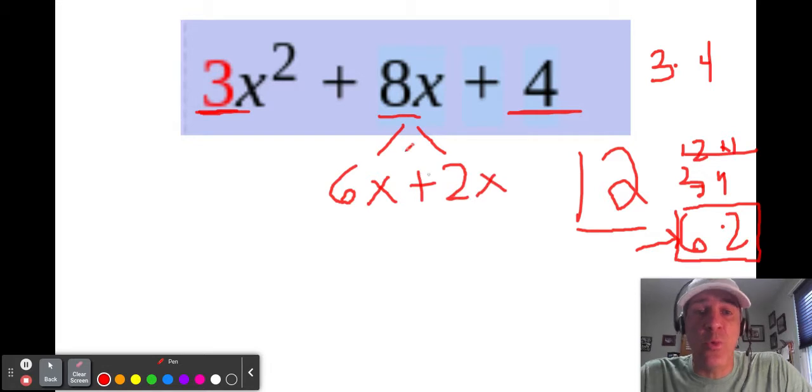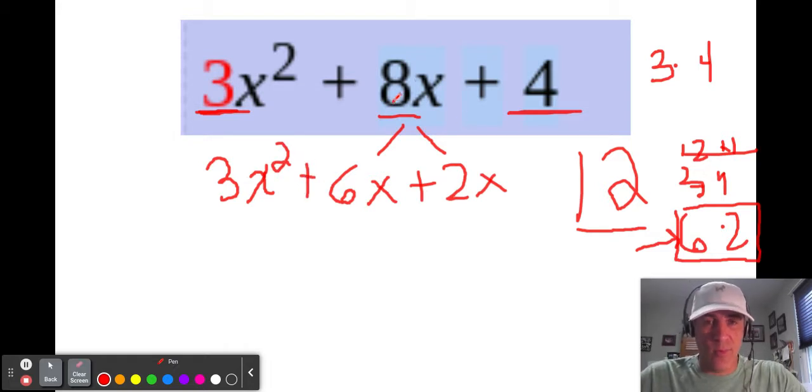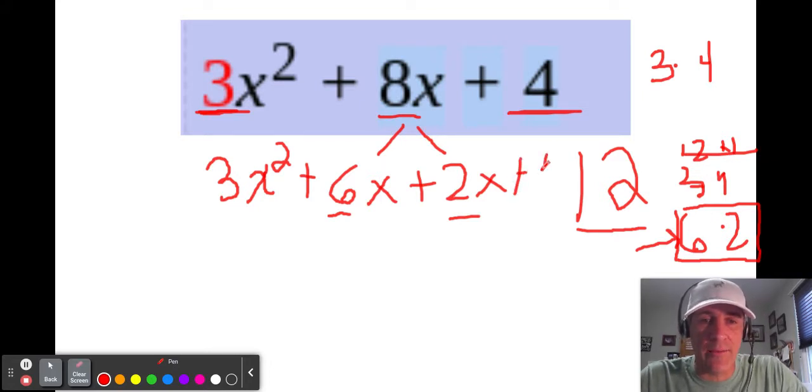That's still equal to 8x, but now I have to factor by a little bit of grouping, and we're going to learn more about this in a future lesson. But I first am going to split my 8x, whatever my b value is, into the two factors that I got from multiplying a and c that add to b. I know that seems like a lot.